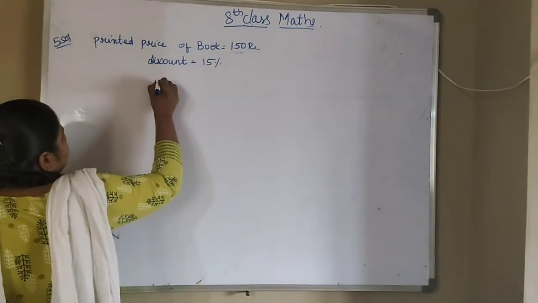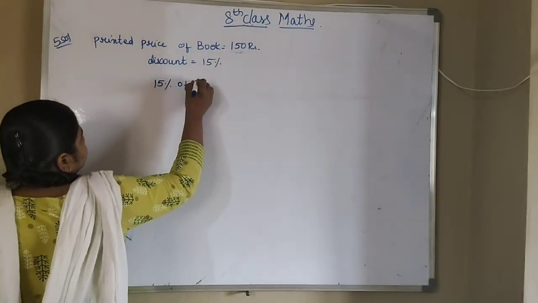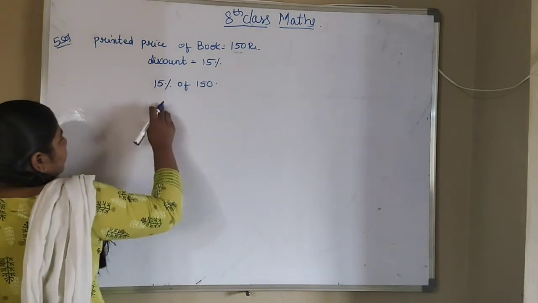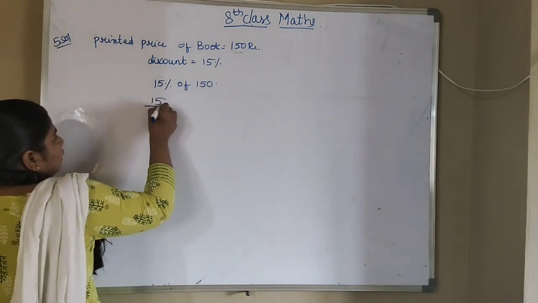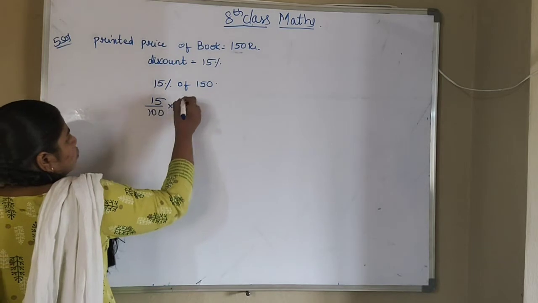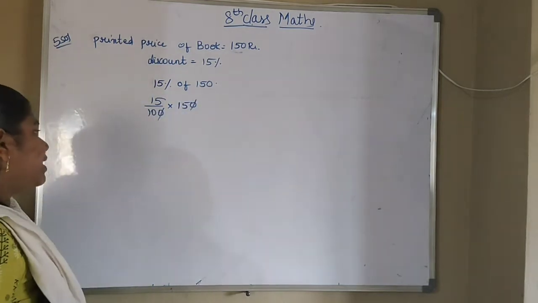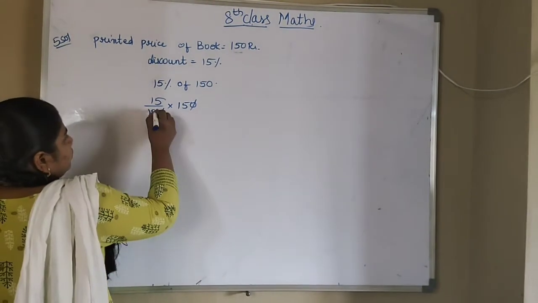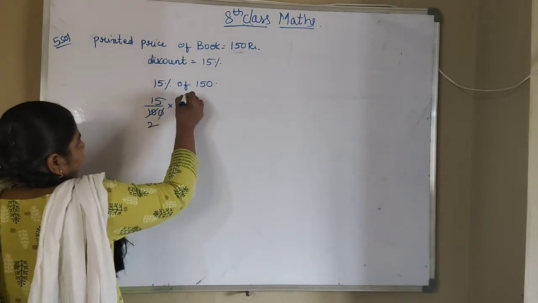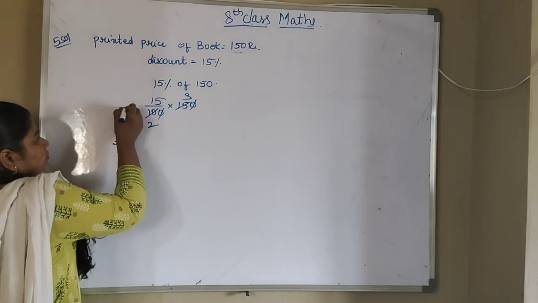So that is 15% of 150. 15% can be written as 15 by 100 into 150. Here the 0 will get cancelled. I am cancelling in the 5 table now. 5 2s are 10, 5 3s are 15.